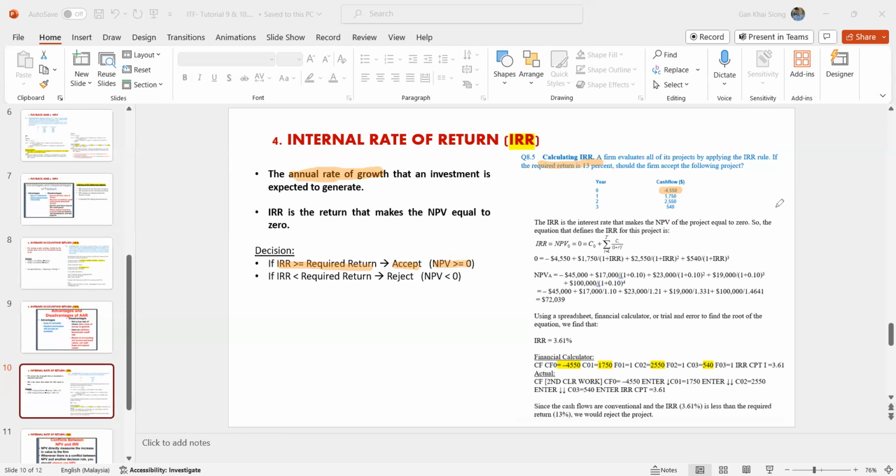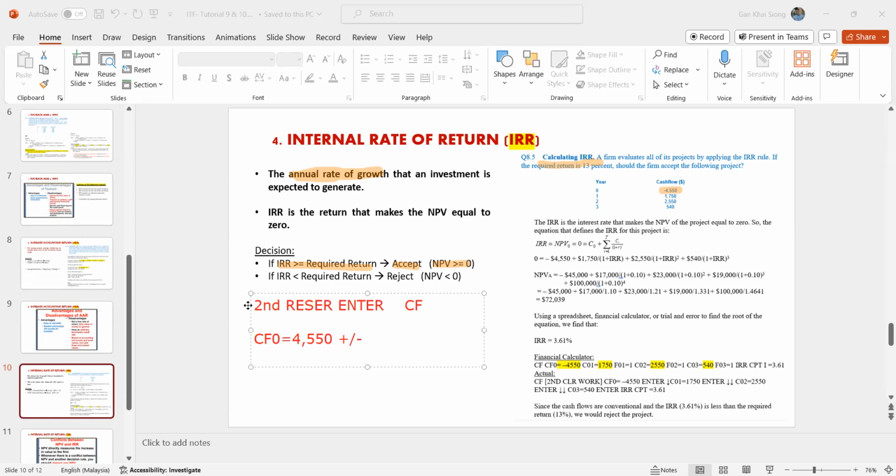Same thing as well. Press second, reset, enter. Again, let's go to the cash flow functions. CF0 equals 4,550, and remember to key in the negative sign.